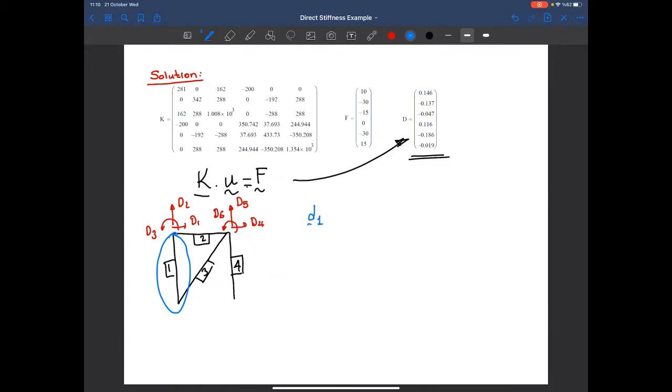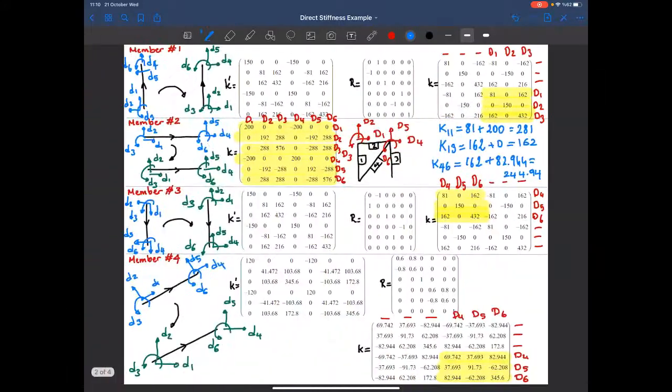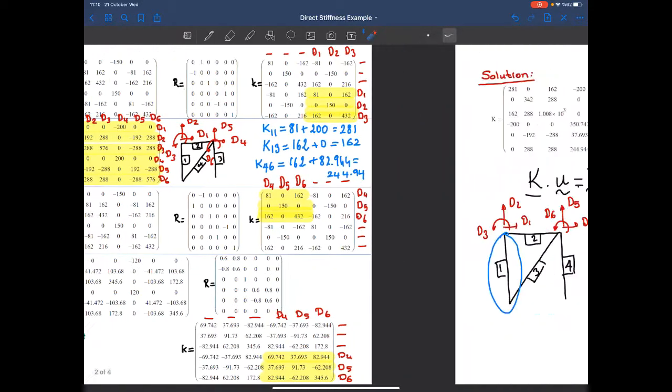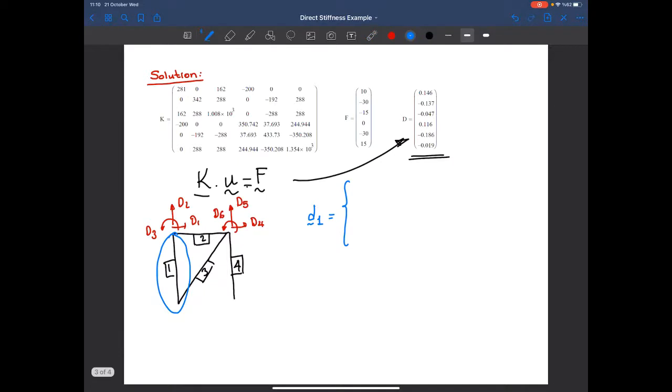D1 in global directions is equal to, I need the degrees of freedom, so let's take a look at it. These are the degrees of freedom for the first member. Okay, so let me show it also in here. For the first member, we define from bottom to top.